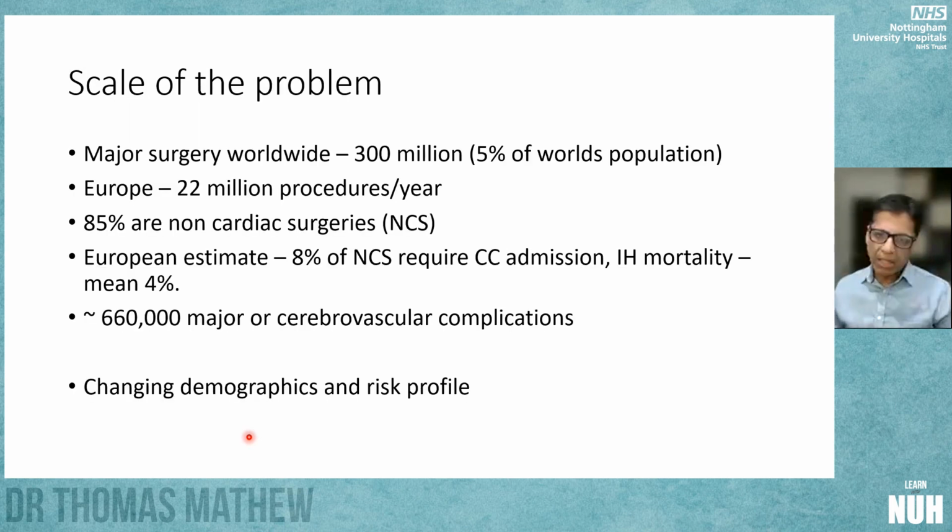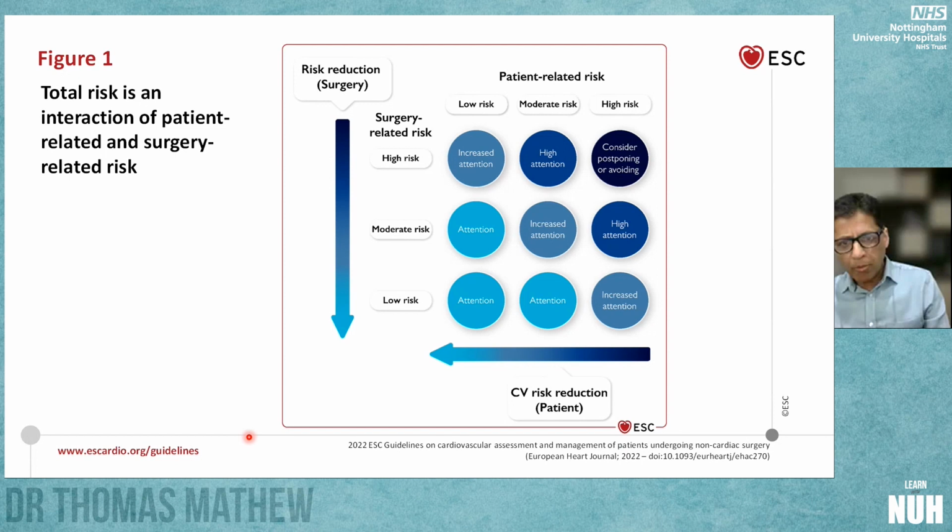Just to set the scene, about 5% of the world population undergoes major surgery every year, and 85% of that is non-cardiac surgery, which equates to roughly 22 million procedures a year in Europe and roughly 600,000 major complications. As we know, the perioperative risk is related to patient-related risk and surgery-related risk.